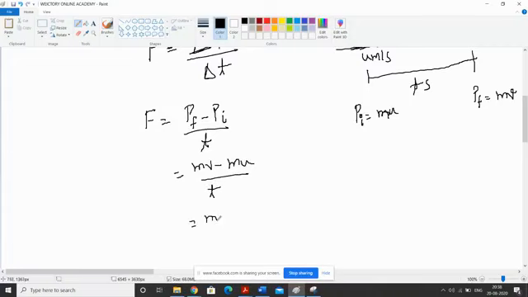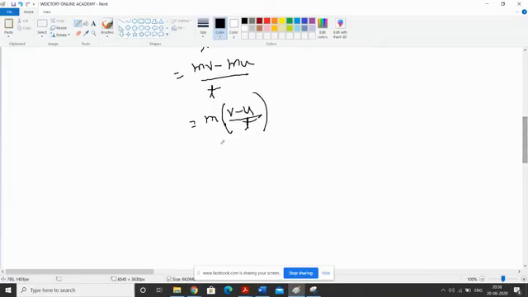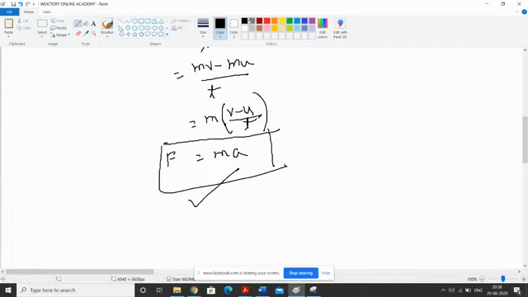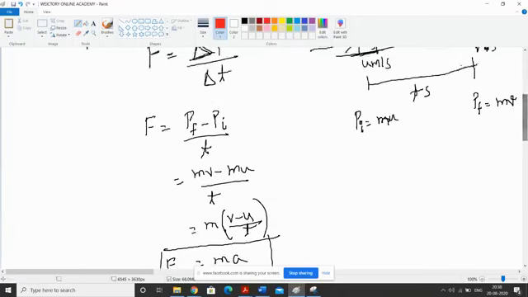If you take m common, you can write it like this: m times v minus u over t. And what is v minus u over t? This is acceleration. So mass into acceleration. So force is equal to mass into acceleration is the derived form. We derive it from this concept that force is equal to the rate of change of momentum, that is change in momentum divided by time.